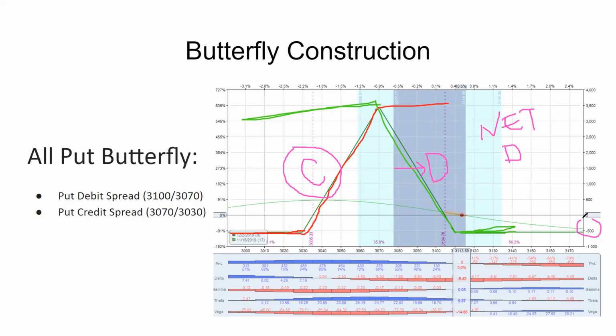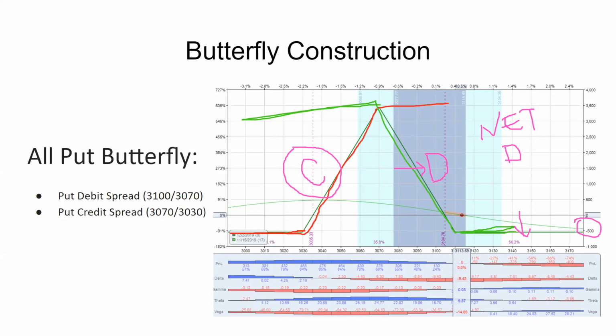And in this case, this butterfly is going for $500, and that is the risk in the trade. So this covers the directional assumption.